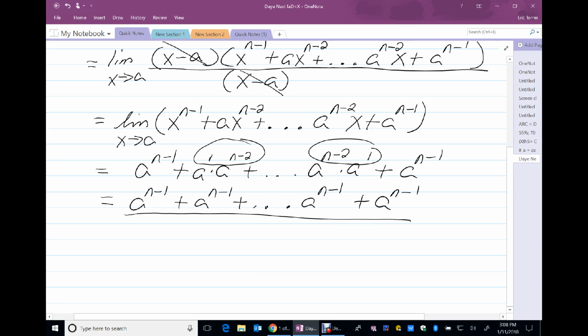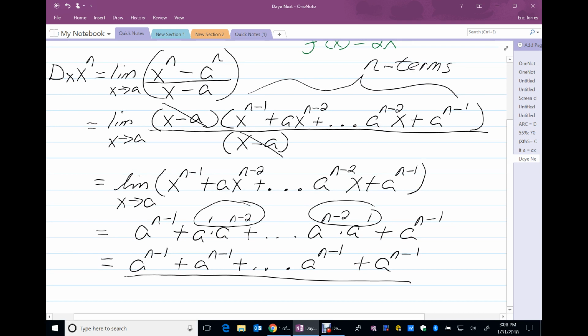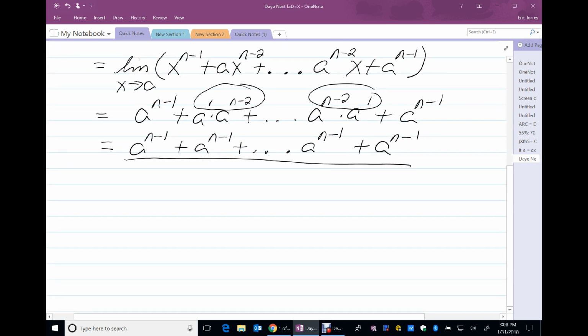So all I have is a whole bunch of a to the n minus 1s. I'm going to add them together. I need to know how many there are, and we already talked about that earlier. There are n of them. So if there were 4 of them, then my answer would be 4 times that. If it was 5 of them, it would be 5 times that. In this case, there are n of them times a to the n minus 1.